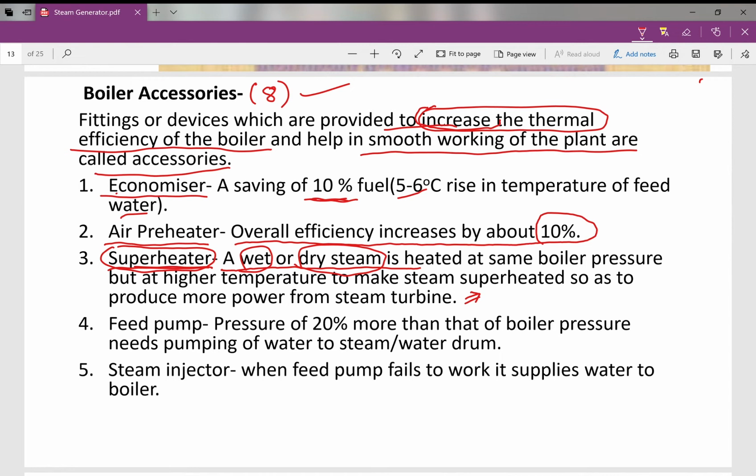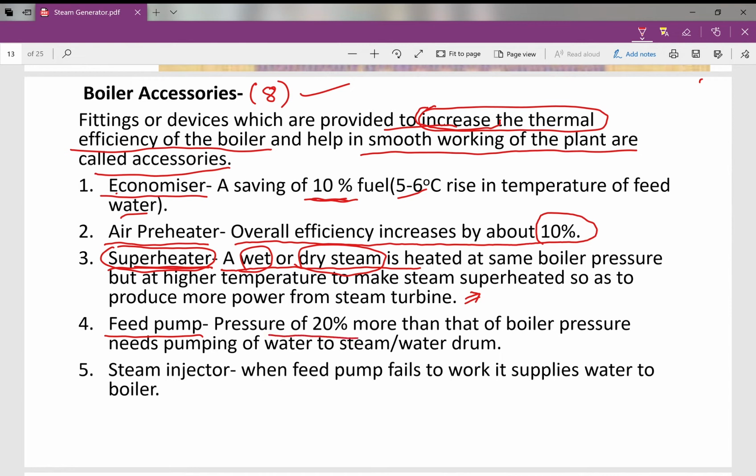Fourth item is the feed pump. As we have seen earlier, to supply water there is a feed check valve, through which water is supplied coming out from a feed pump. That feed pump is located at the ground level of a boiler house. So that feed pump should overcome the pressure of steam.